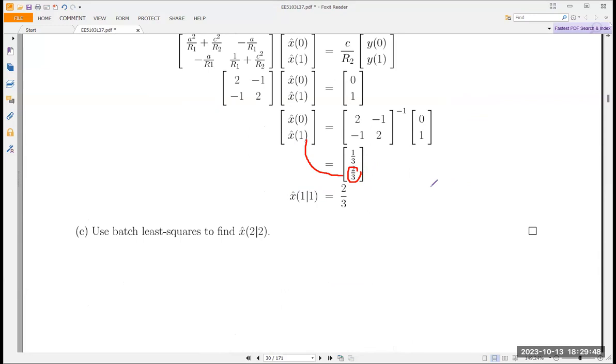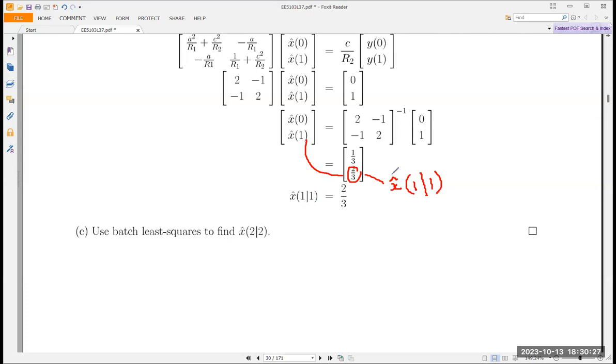In the Kalman filter literature, we will say that this is the estimate of x at k equal to 1 using y1.